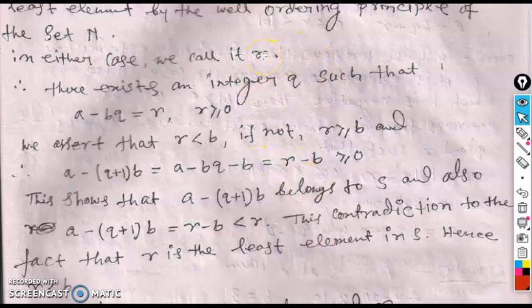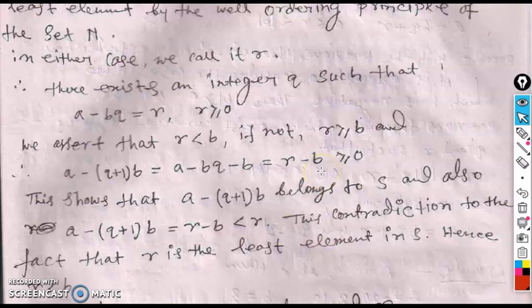The elements of S are of the form a minus bx and should be greater than or equal to 0, so r minus b belongs to S. But this is a contradiction, because r is a non-negative integer, and subtracting a positive integer b from it gives a result lesser than r.